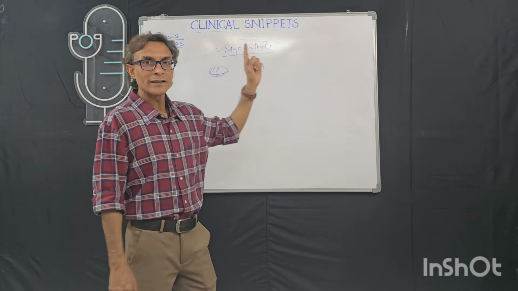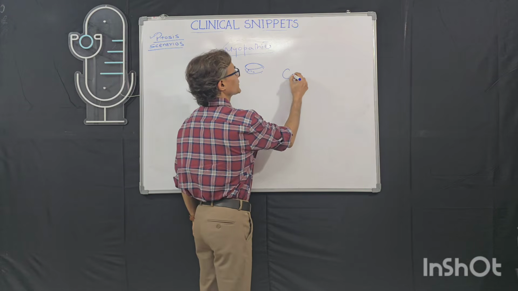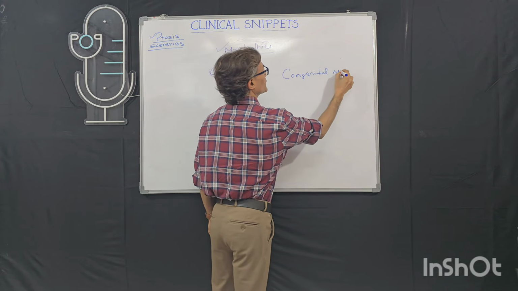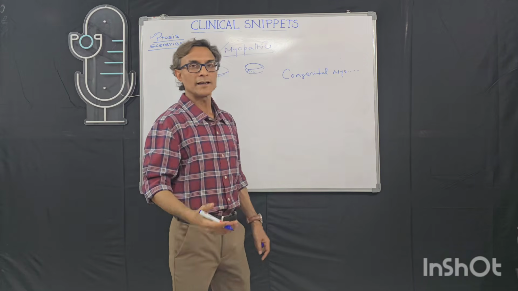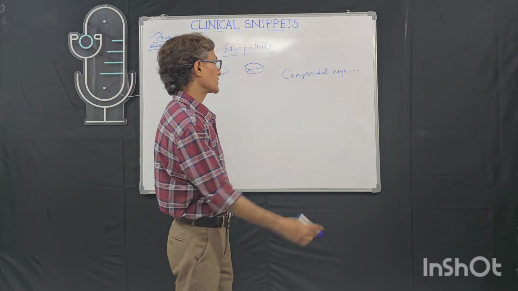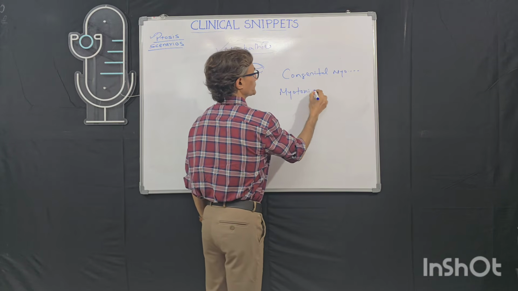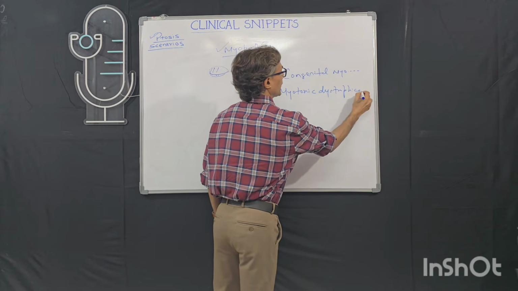So, what are the myopathies that can be causing ptosis? There are congenital myopathies, like nemaline myopathy, central core myopathies. Myotonia dystrophica.